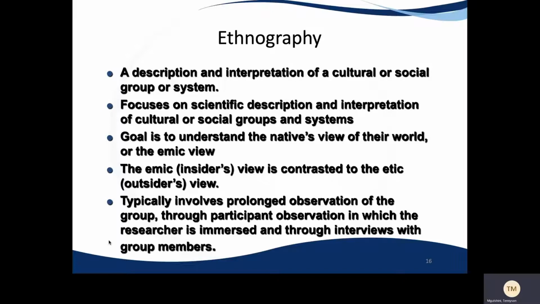And of course, the researcher is immersed and normally will get their insights through simple observation by virtue of them being part of the culture, or through interviews that they do with members of that culture.